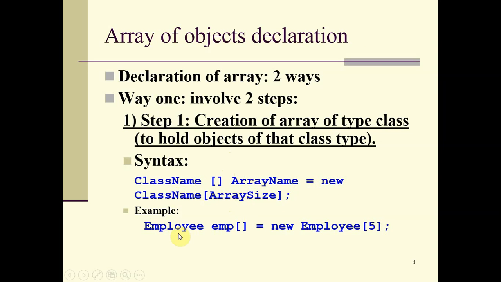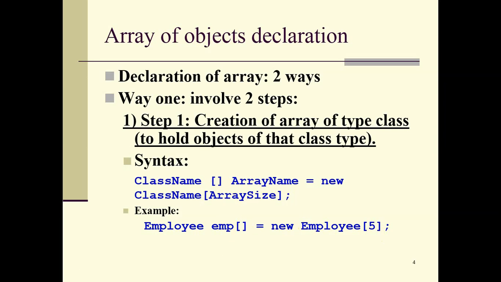For example, we have Employee as the class name, and emp is the array name with the square brackets. The square brackets can be put here or in the middle, there's no problem. Then new Employee[5]. So 5 is the size of the array, which means we are now creating an array with five spaces for objects.